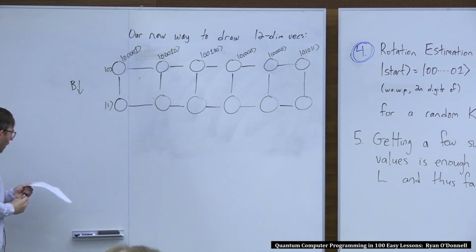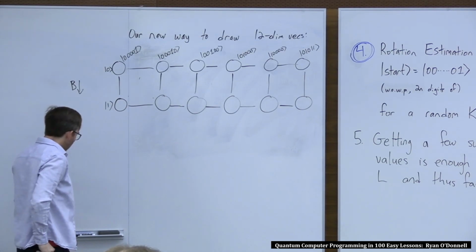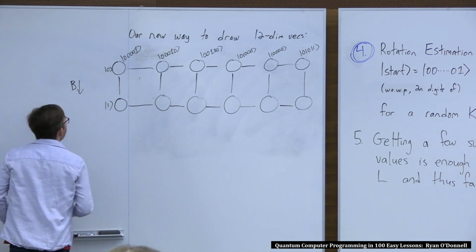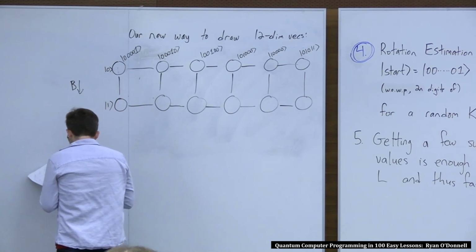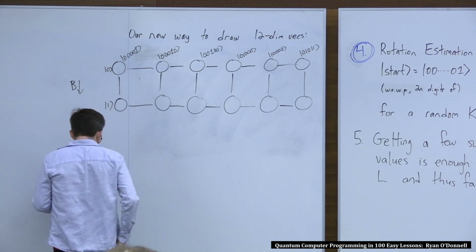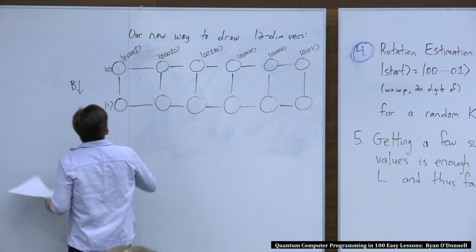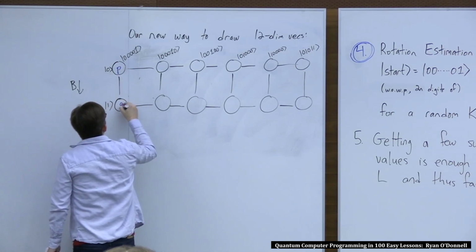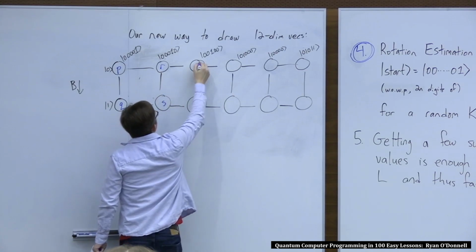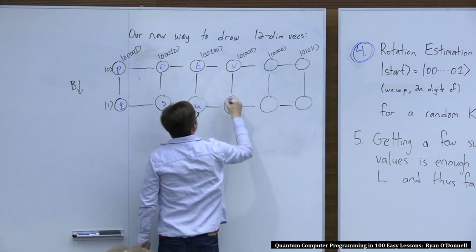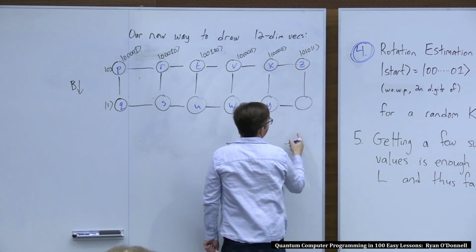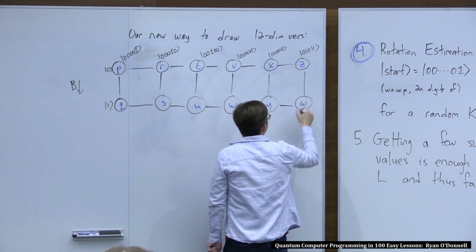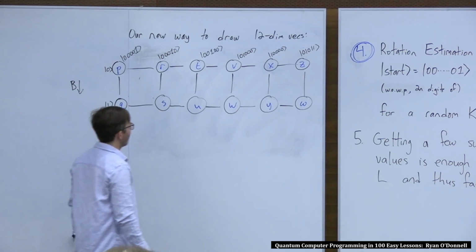Okay. And now we might have 12 amplitudes in here. So let's do P, Q, R, S, T, U, V, W, X, Y, Z, and omega. I guess it kind of looks like W, but whatever.